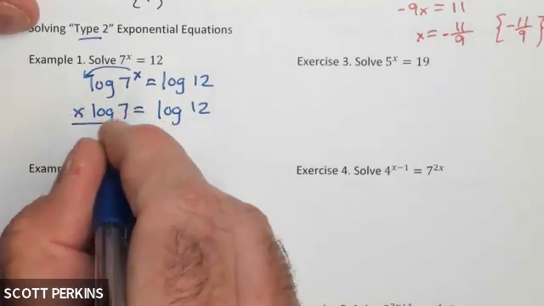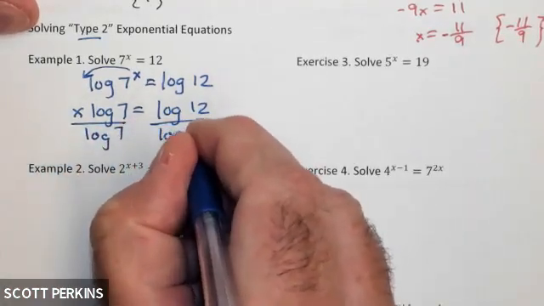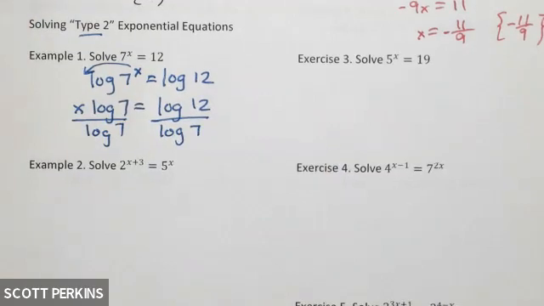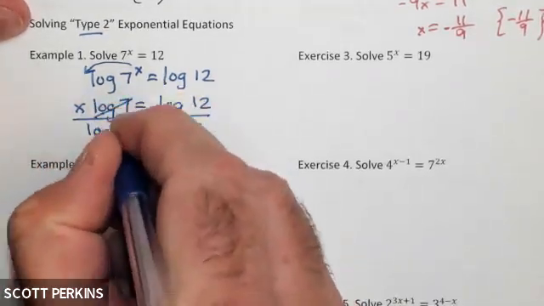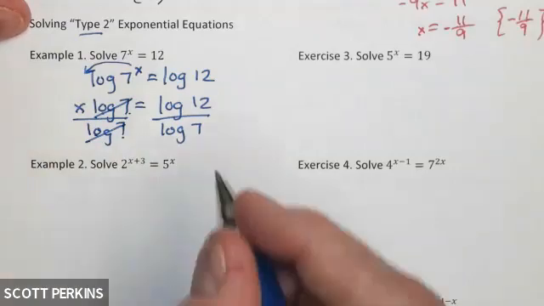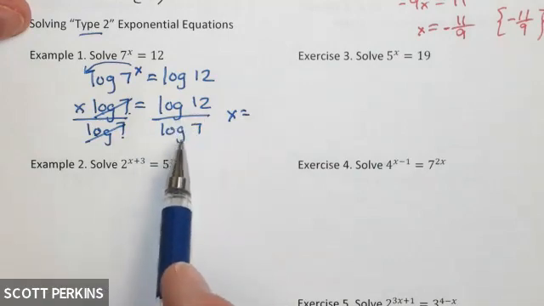So now I'm going to divide both sides by the log of 7. It's just a number. They go together now. The log is not its own thing. You're not going to cancel the logs out. It's an operation. So on the left, log 7 and log 7 are the same number, so I can cancel those. And so I have x is equal to, and on the right, both of these things are just numbers.